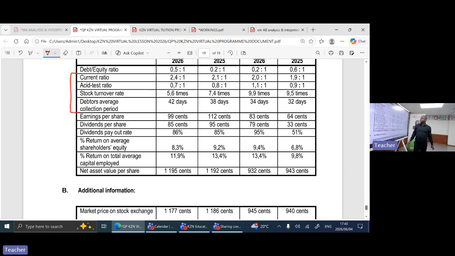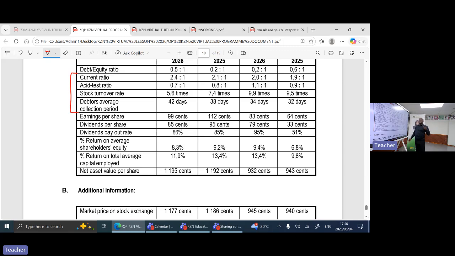These are indicators under liquidity: the current ratio, the acid test ratio, stock turnover rate, and the debtors average collection period. All other ratios are not liquidity indicators. That's why I grouped them. And others are not given, so you can't comment on something that is not given. For example, there is no stock holding period, so you can't comment on it because it's not given as one of the indicators.